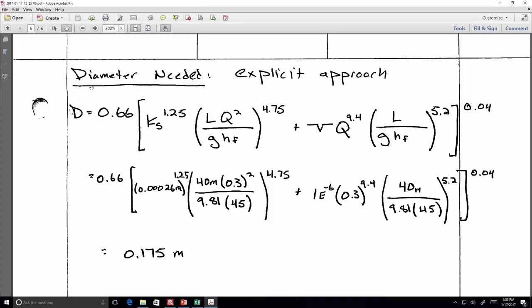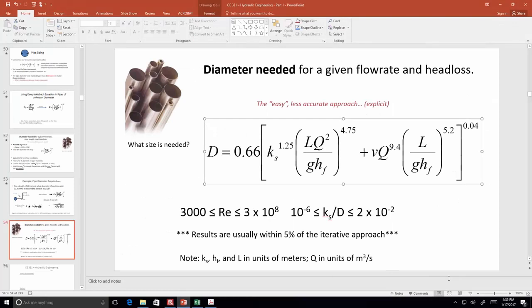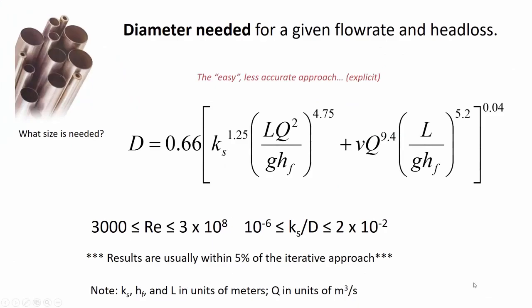Yes? Good question. Yeah, so 5% doesn't matter. It depends on when you're on the border of a pipe diameter threshold. Here we've been calculating pipe diameters as though you can order a pipe that is 0.1707 meters in diameter. And they don't make pipes exactly that size. There are sort of steps.